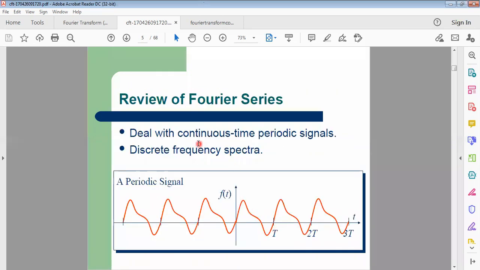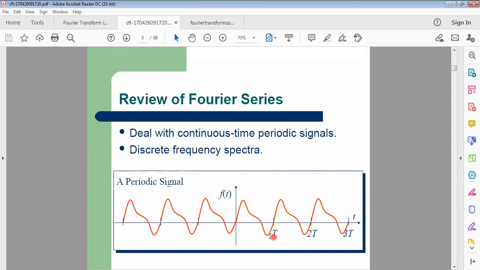Now we must know about the Fourier series, which deals with continuous time periodic signals and discrete frequency spectra. A periodic signal is like this, and capital T is the period.